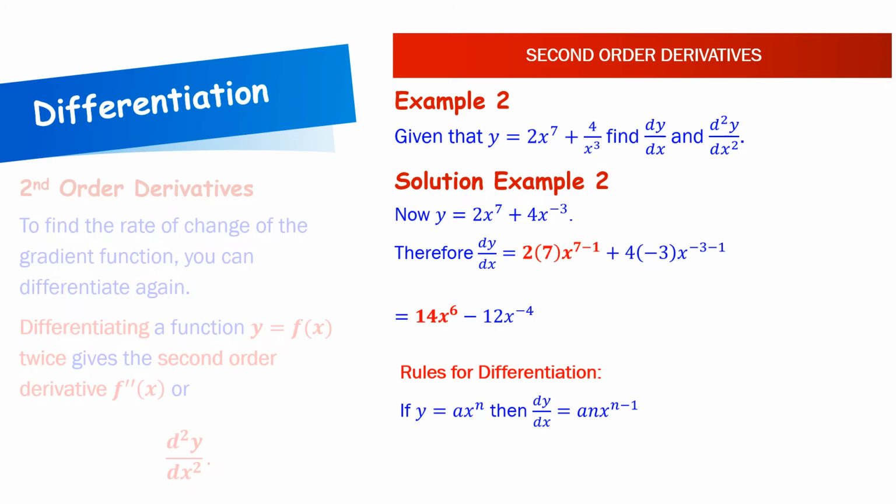And tidying up, this gives us 14x to the power 6 minus 12 times x to the minus 4, as shown.